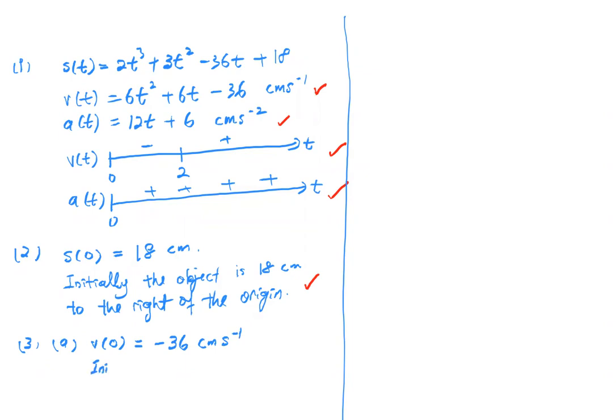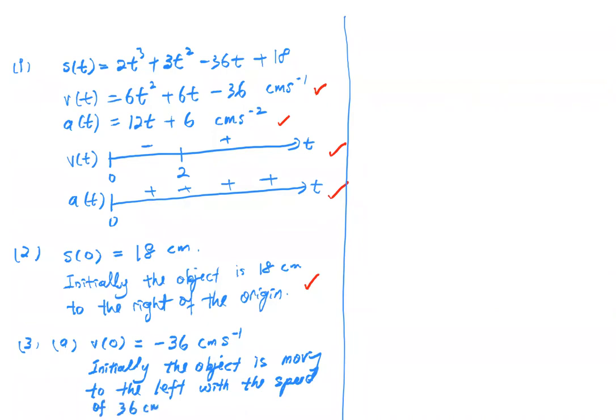Initially, the object is moving to the left with the speed of, you don't say the velocity already, because I have said the direction already, speed of 36 cm per second. Done. How many marks given to you? Also 1 mark.